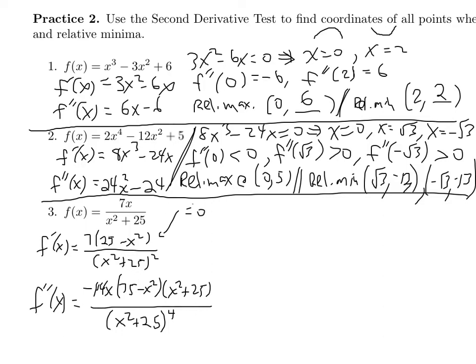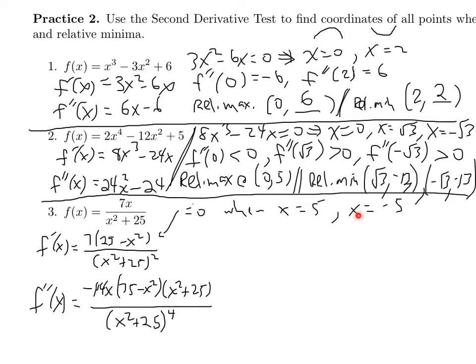And so the numerator of this is equal to 0 when x equals 5 or x equals negative 5. So even though the derivative itself is a big hairy mess, this part can be solved very easily. Setting this equal to 0, we get x is 5 or x is minus 5.